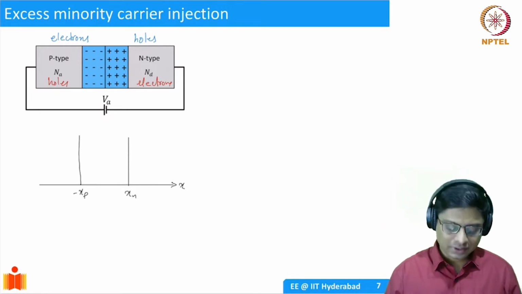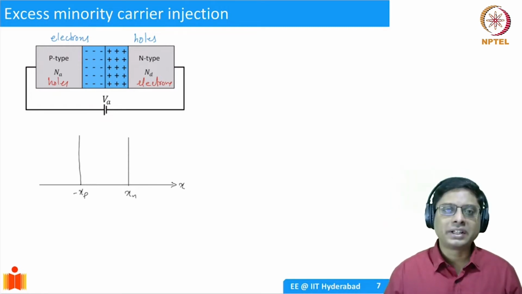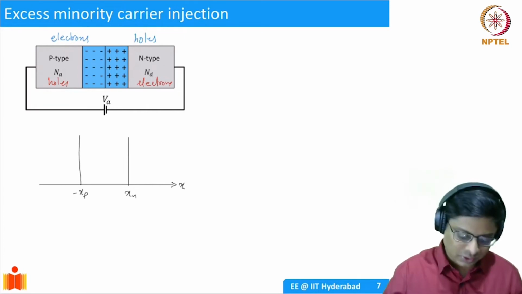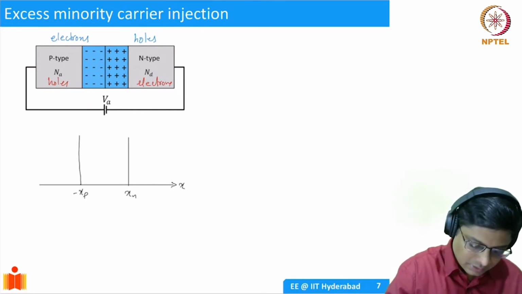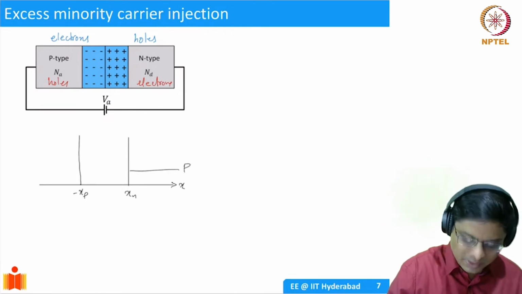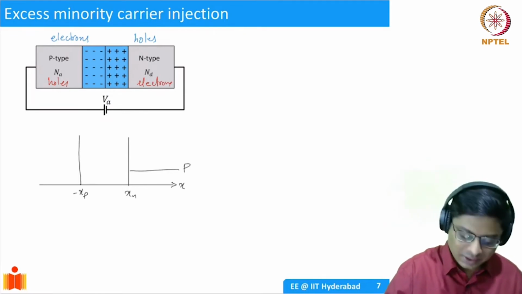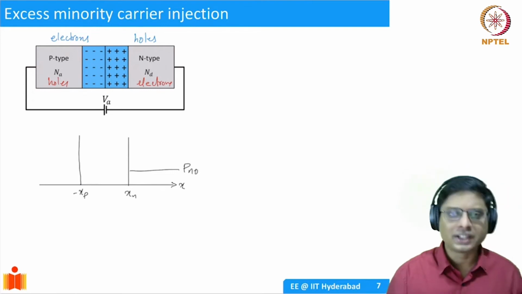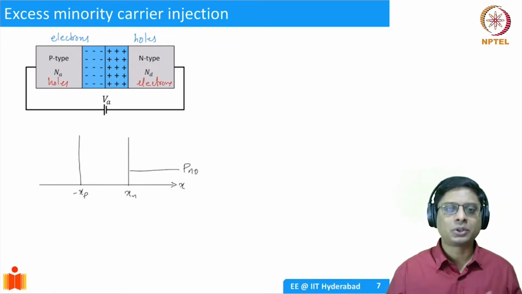Once I have this, what is the concentration of minority carriers in the n-type semiconductor? I'll represent the holes, the minority carriers, by P, but in the n-type semiconductor, and the equilibrium minority carrier density is what I want to first find out.